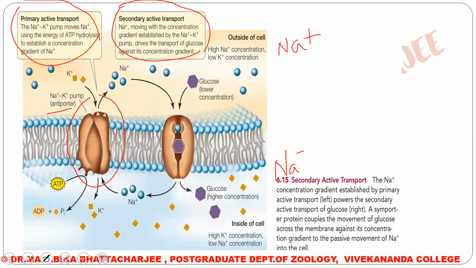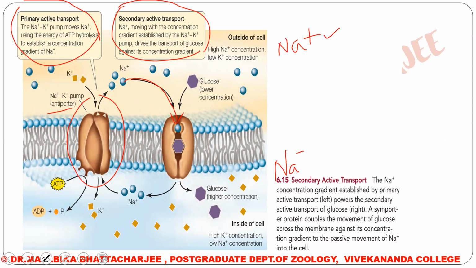Now, since sodium has moved out and the concentration of sodium is high, to maintain a gradient, the sodium then again travels back through another transporter, which is a symporter. We have studied 2 categories of co-transport. I showed you the picture.